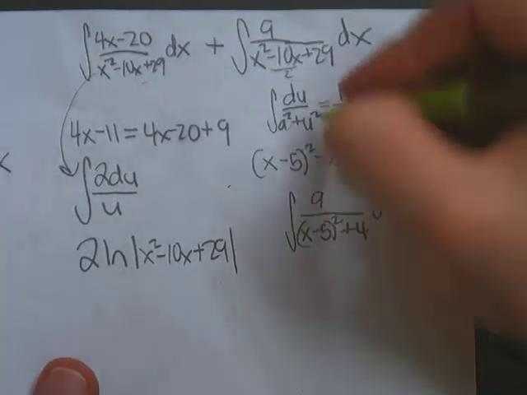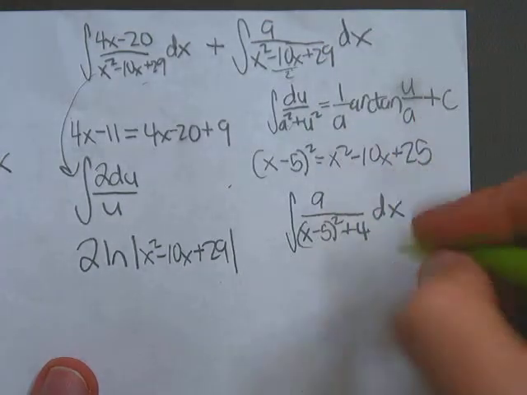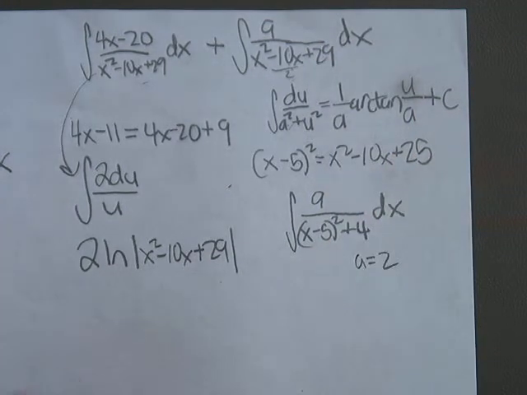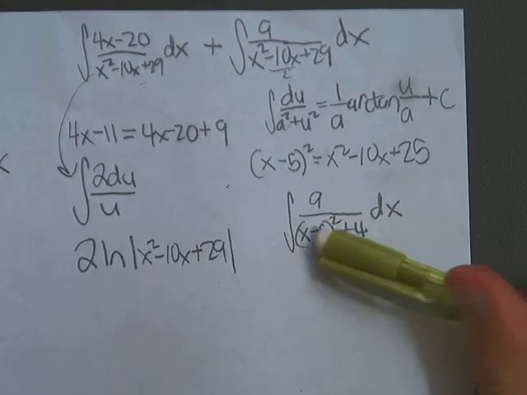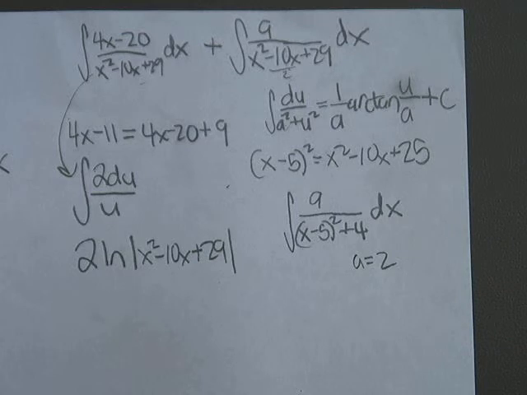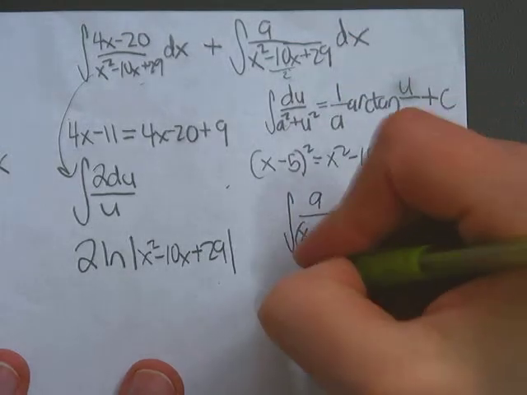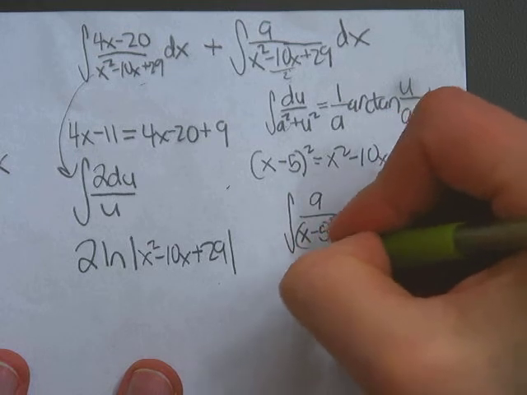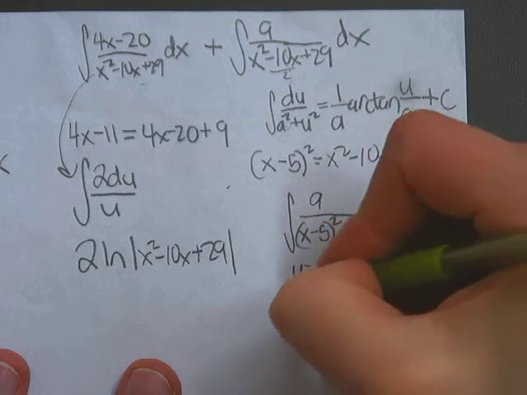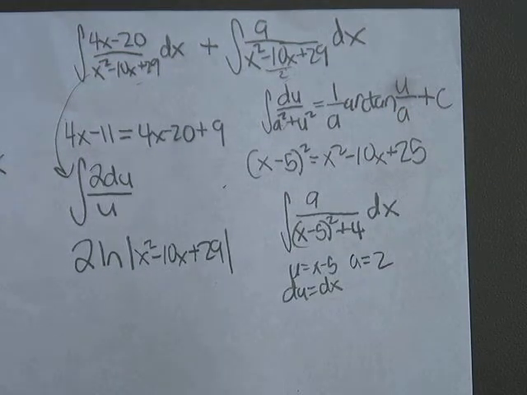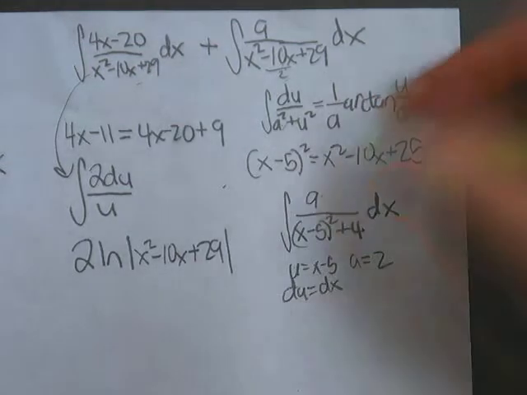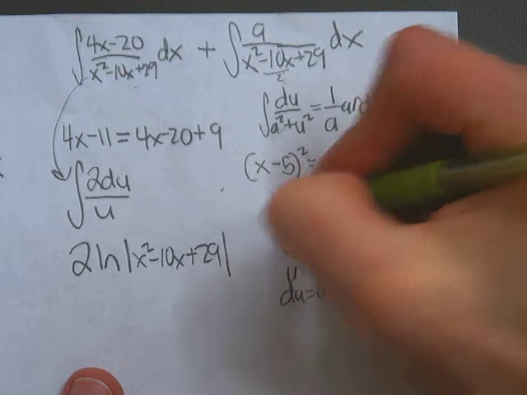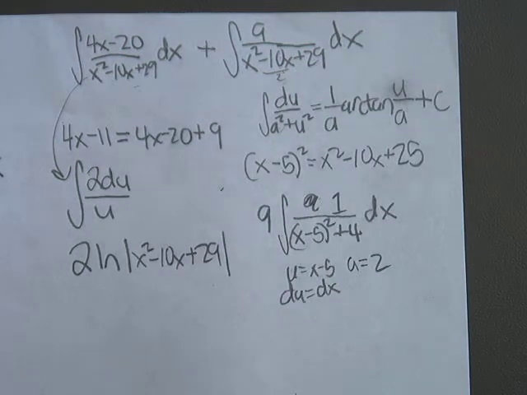So now my a is actually the constant term, so a is 2. My u is something with a derivative of 1, so this is a really nice one. I could say u equals x minus 5 and du equals dx, but really I've just rewritten it with u's. I don't really need that here. And the 9, I could pull it out in front. That would be fine.